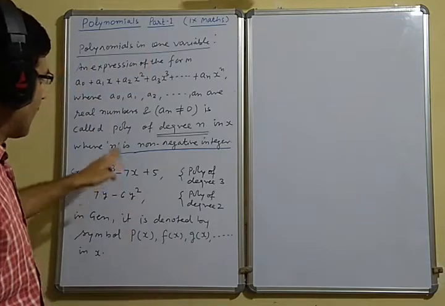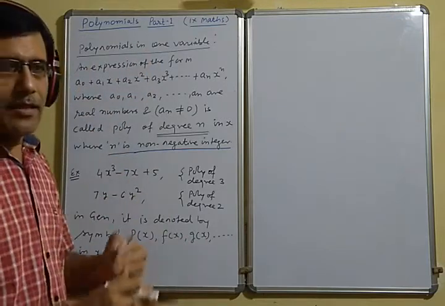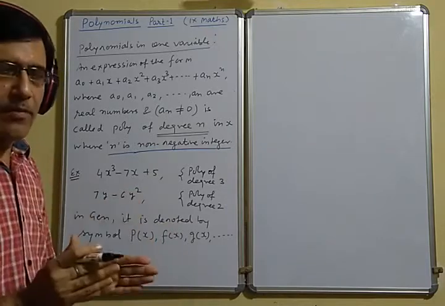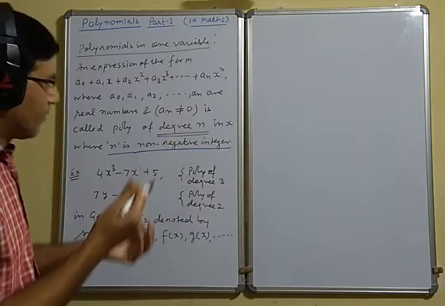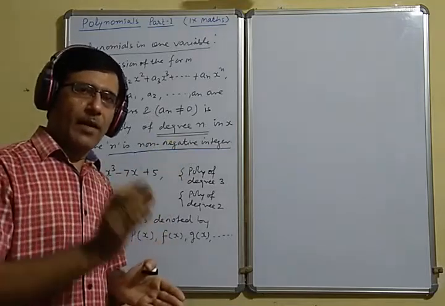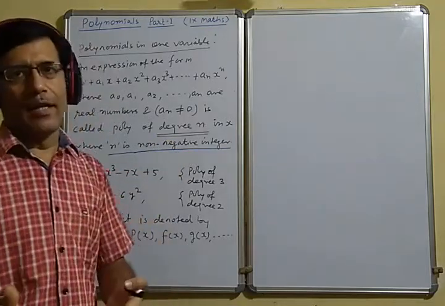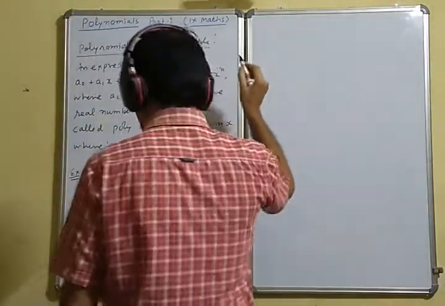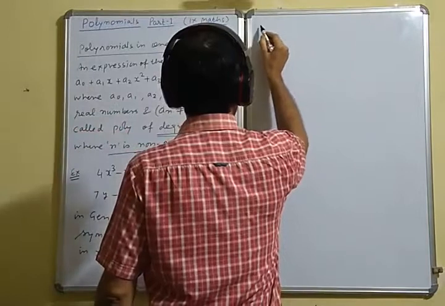Now, as far as degree is concerned, it is divided into different parts. First we have to learn polynomials of degree 1, 2, 3, etc. So now let us see types of polynomial.